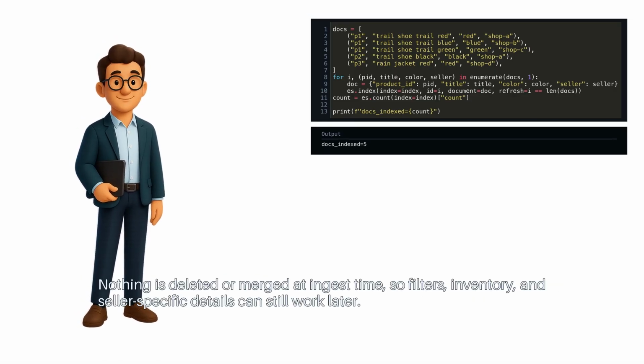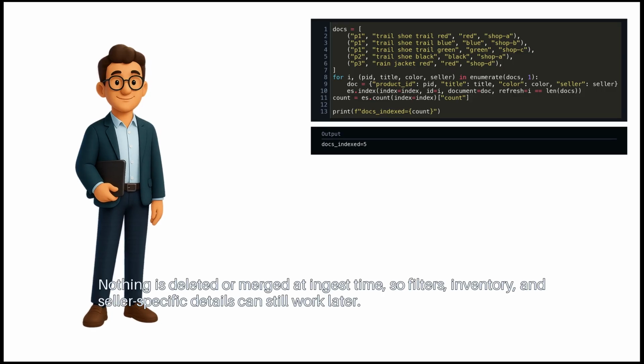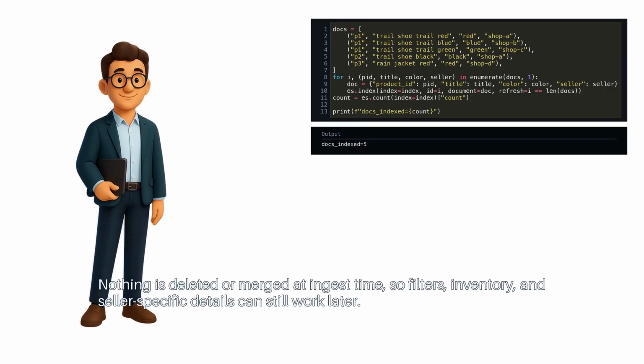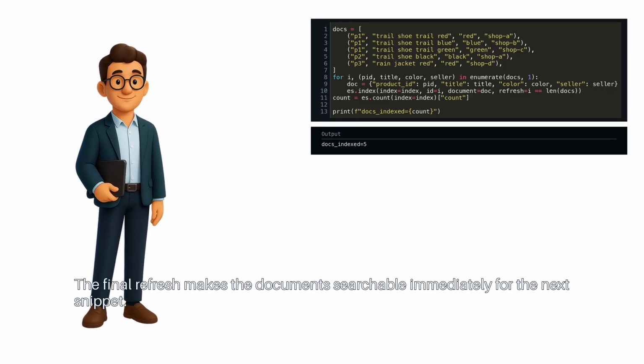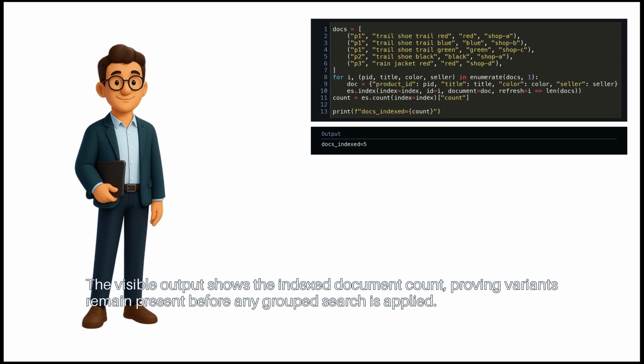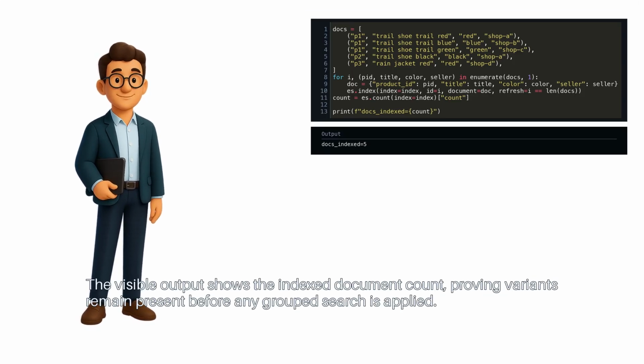Nothing is deleted or merged at ingest time, so filters, inventory, and seller-specific details can still work later. The final refresh makes the documents searchable immediately for the next snippet. The visible output shows the index document count, proving variants remain present before any group search is applied.